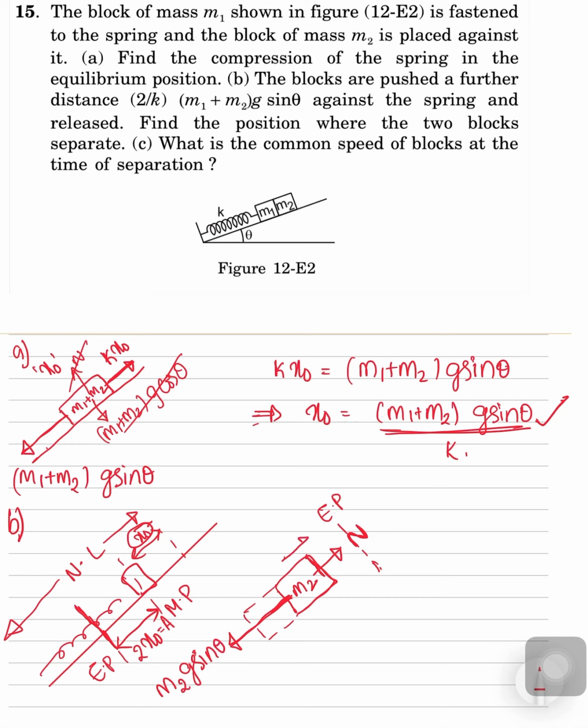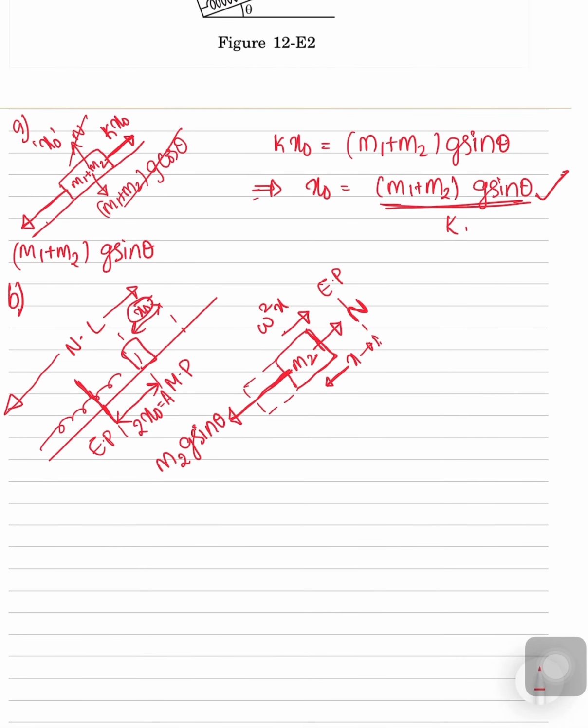And we know that acceleration is always towards the mean position or equilibrium position. If I assume that these blocks are at a distance x from the mean position, then the acceleration is omega square x. Now if I take the force equation along the inclined plane, I get N minus m2 g sin theta equals m2 omega square x, which implies N equals m2 omega square x plus m2 g sin theta.